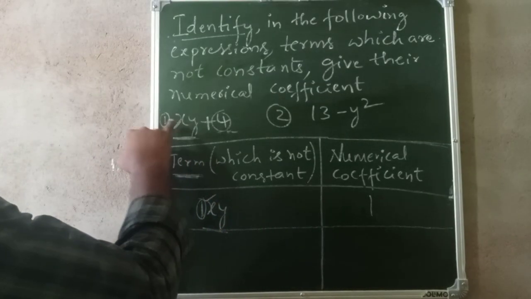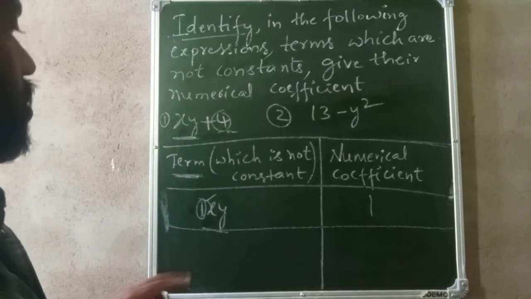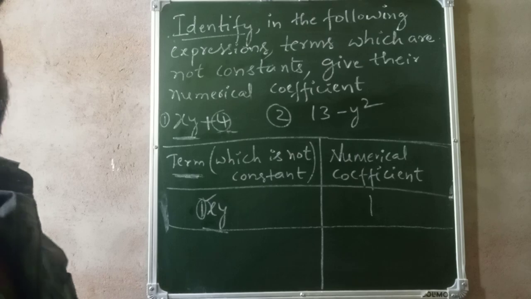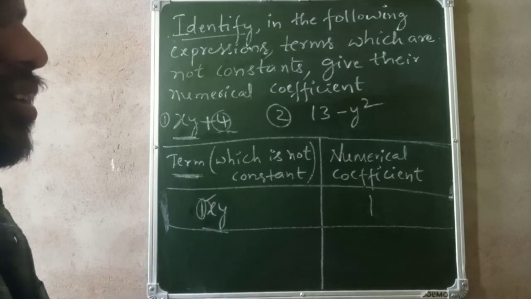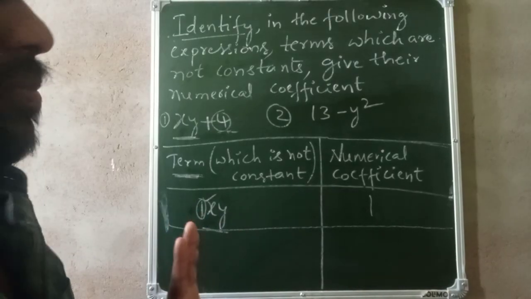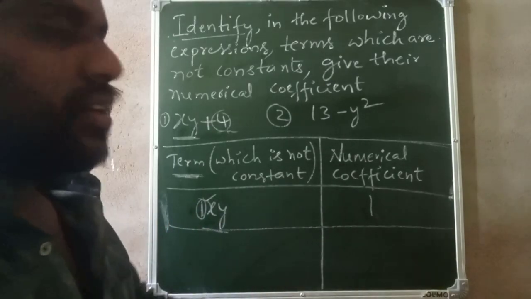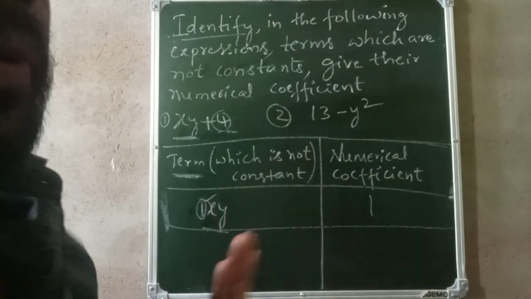Here just xy is there, nothing is there means plus is there. So if you don't write plus, no problem, that is understood, plus is there. For example, here just 1 is there, nothing is there means plus is there, that's no problem.